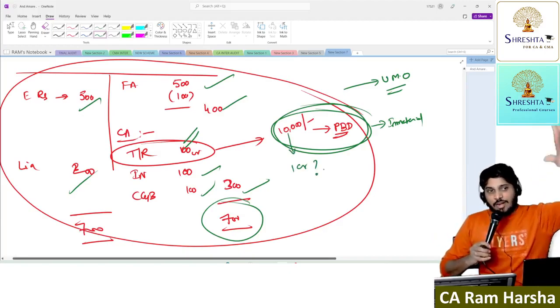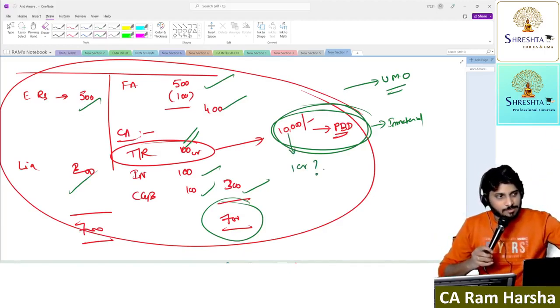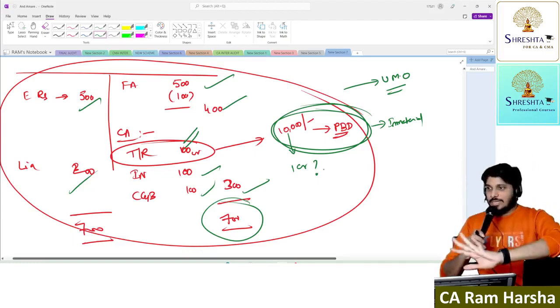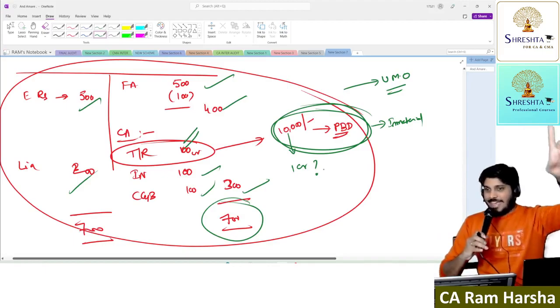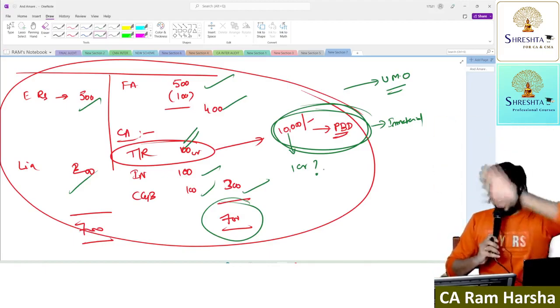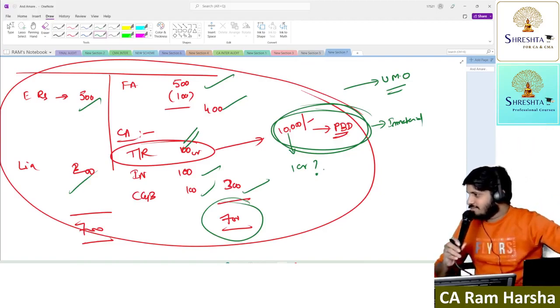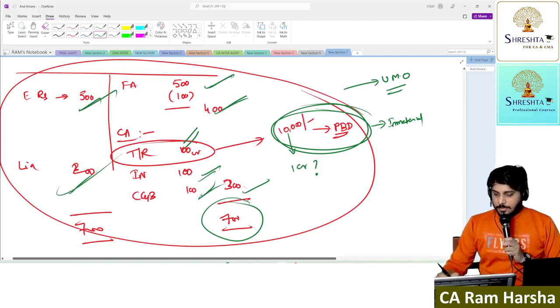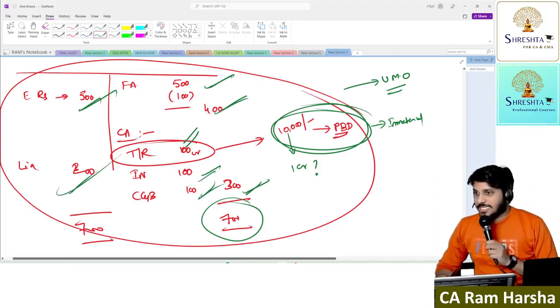Modified, fine. Inside modified, which one will you give? Qualified opinion means everything is correct except so and so. Adverse opinion means as a whole everything is wrong. Now here all these items are right, but 1 crore worth of misstatement is there.